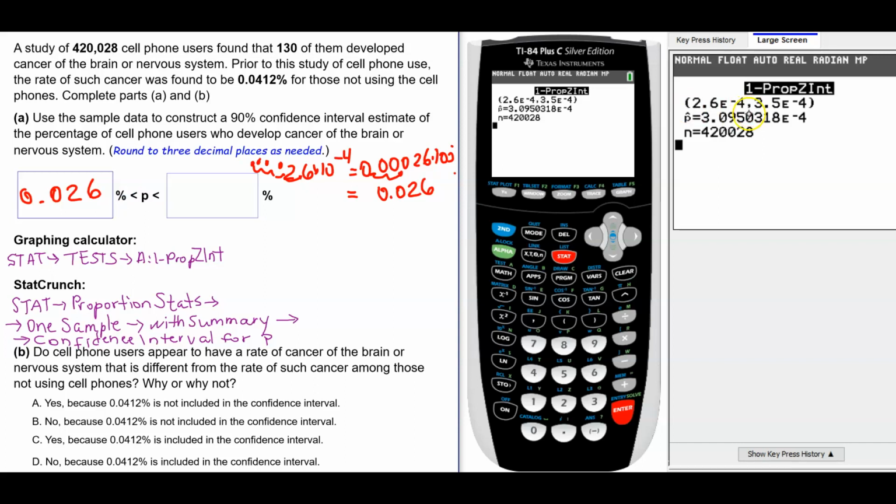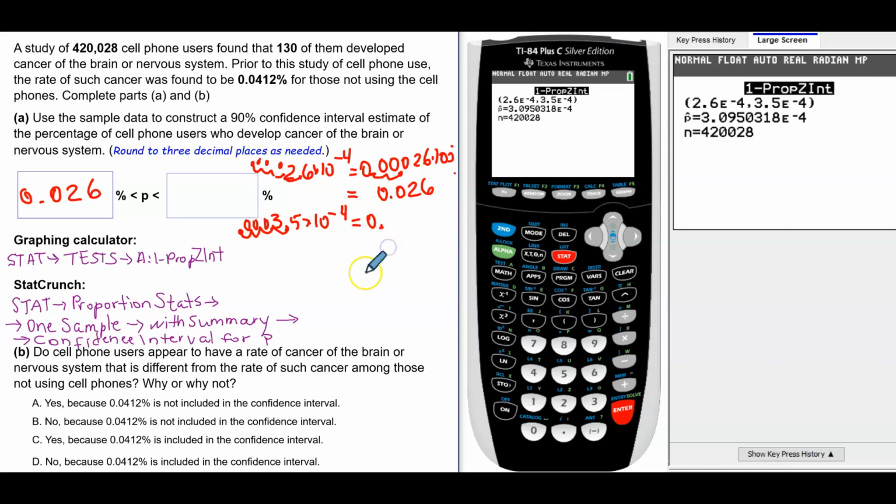Let's do the same thing for the right limit. The right limit is 3.5e negative 4, which is 3.5 times 10 to the negative 4. Move the decimal point 4 times to the left. 1, 2, 3, 4. Fill out empty spaces with zeros.